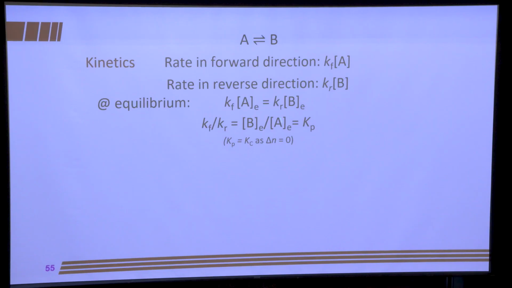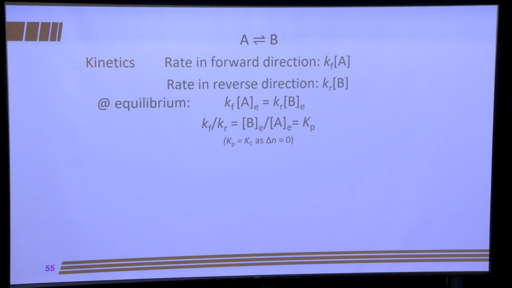I'm writing it as concentration, but actually it should be partial pressure. It should always be partial pressure. So when we talk about equilibrium in kinetics and combustion kinetics, it's always Kp. Well, not always, but oftentimes. If delta N is 0, then Kp and Kc are equal.